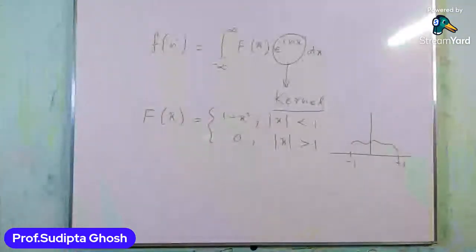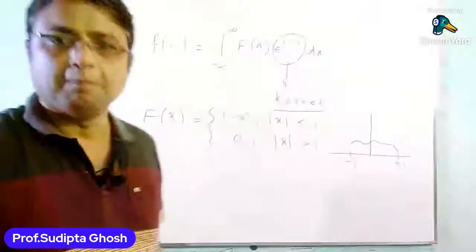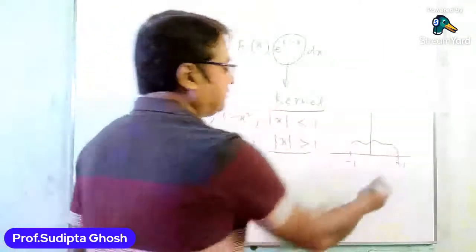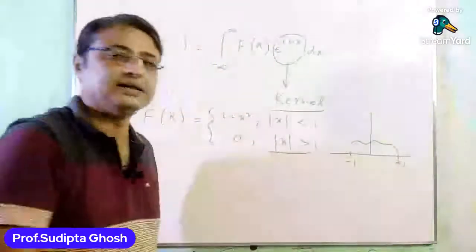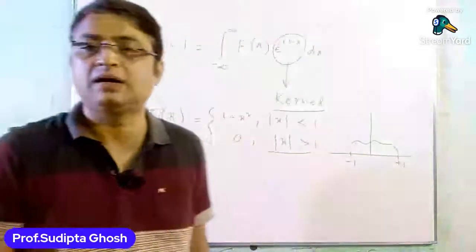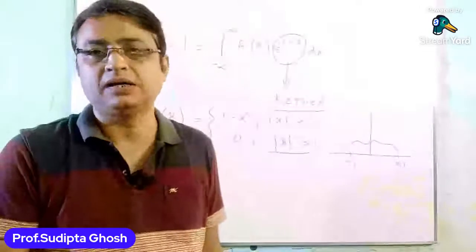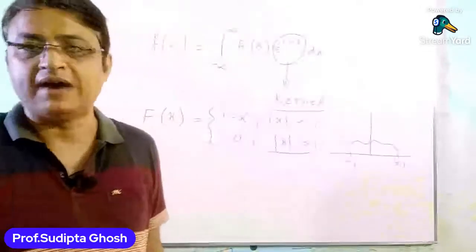of the function is 1 minus x square, and beyond plus 1 or minus 1, that is when mod x is greater than 1, the function vanishes and is 0.